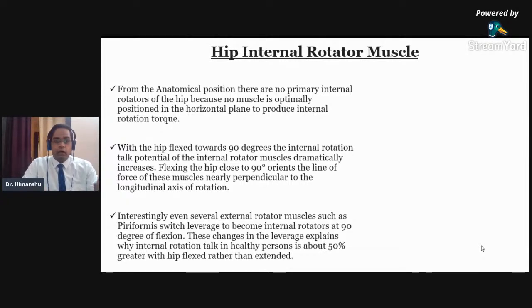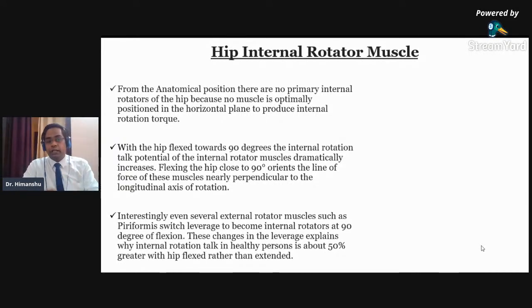Let's see. Now, with the hip flexed towards 90 degrees, the internal rotation torque potential of the internal rotator muscles dramatically increases. So whenever your hip is flexed to 90 degrees, your adductor muscles can also work as internal rotators.